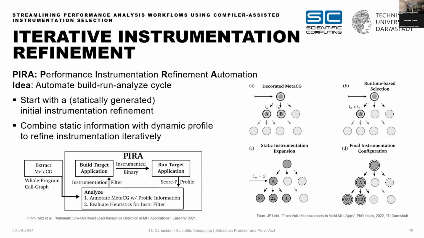The same thing is shown here on the right-hand side. So assuming we are already in the cycle, we first decorate the MetaCG call graph using the metadata from the profile information, then prune the instrumentation to filter out functions that are of no interest because they are short running or something, and then use the static information to expand the instrumentation. And then this whole cycle gets repeated.